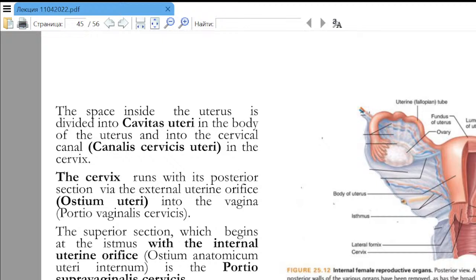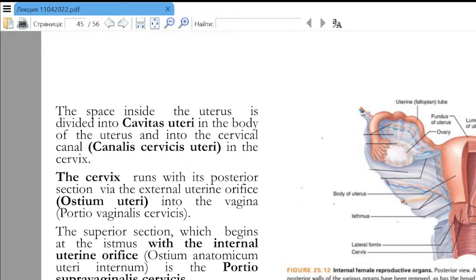The cervix runs with its posterior section via the external uterine orifice, ostium uteri, into the vagina, portio vaginalis cervicis.